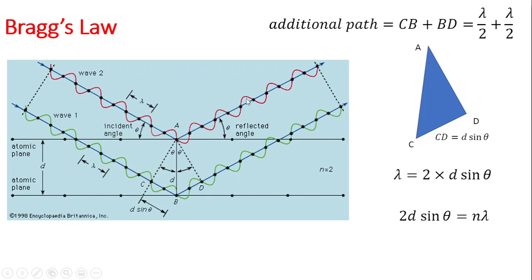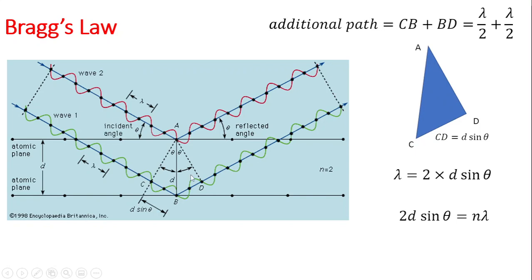When these rays are reflected from the atomic planes, they undergo constructive interference, and depending on the number of planes which are oriented in the same direction, you can get the signal of intensity versus the angle swept.